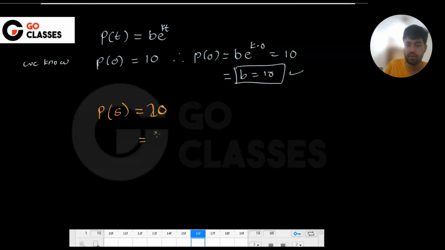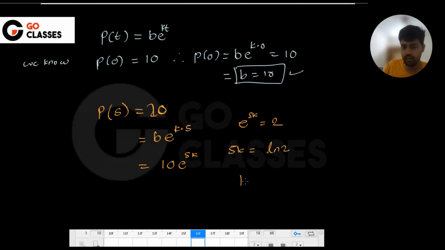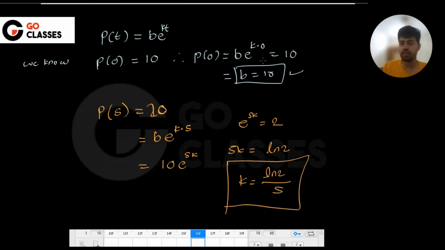So this is equal to B into e raised to k5, which is 10 e raised to 5k, which is basically 20. Therefore, e raised to 5k is equal to 2. We take the log: 5k is equal to ln 2, and then k is equal to ln 2 by 5. So this is the second parameter. So in optimization, we found out what is the value of B, and what is the value of k. That's all optimization is in machine learning.